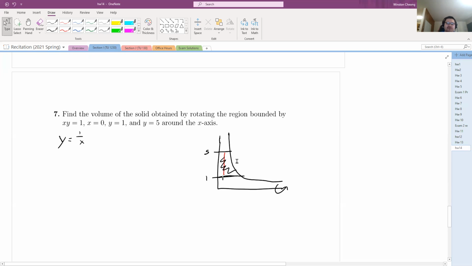So theoretically speaking, you could do this using the washer method, but it would create a sum of two integrals that you'd have to compute separately. Whereas we can just compute this in one go if we consider our segment in this way, and then we think of this as a shell method problem.